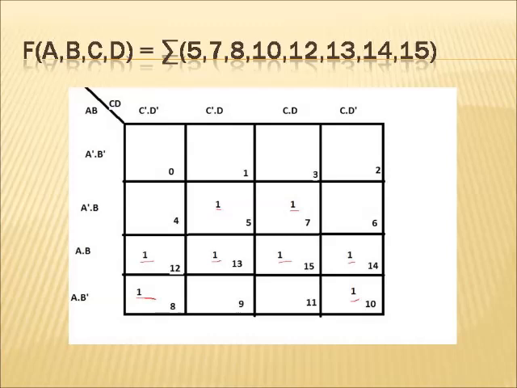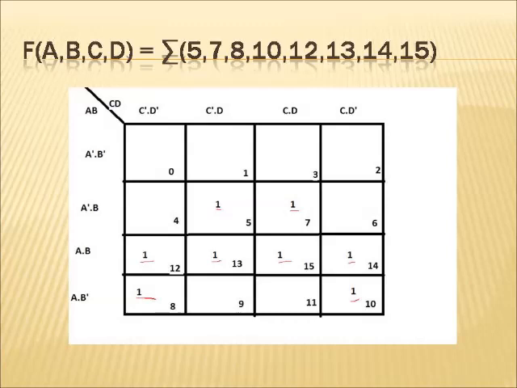Okay, we have drawn the KMAP for 4 variables. Now you can see that, as it is a SOP expression, I am using 1 to mark the given index positions. As per the question, it is 5, 7, 8, 10, 12, 13, 14, 15. Right.